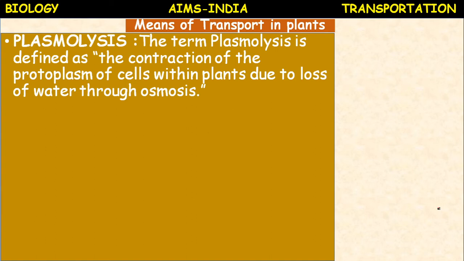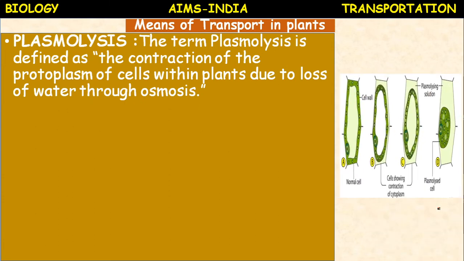Next concept is plasmolysis. Plasmolysis means the shrinkage of the protoplast of a cell from its cell wall under the influence of a hypertonic solution. The term plasmolysis is defined as the contraction of the protoplasm of the cell within plants due to loss of water through osmosis.